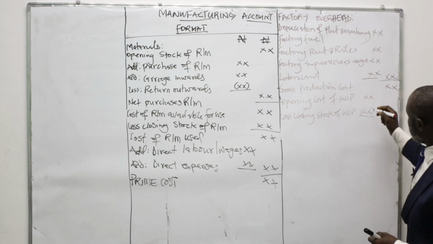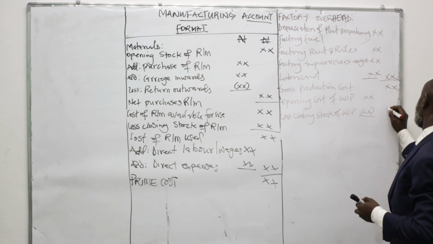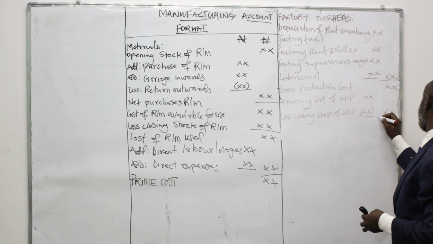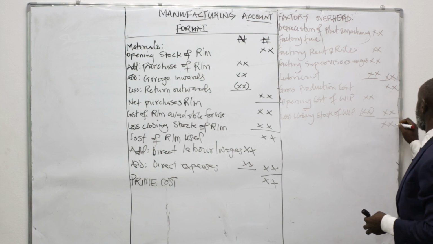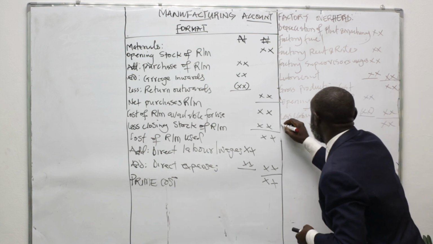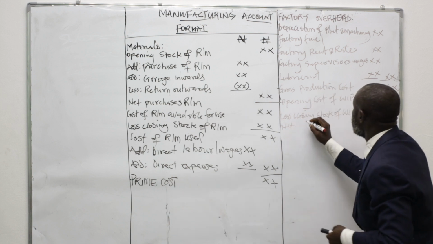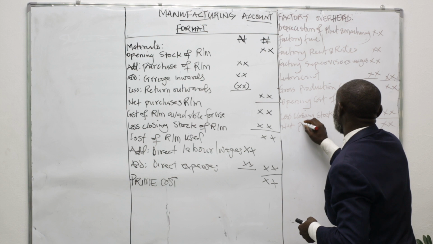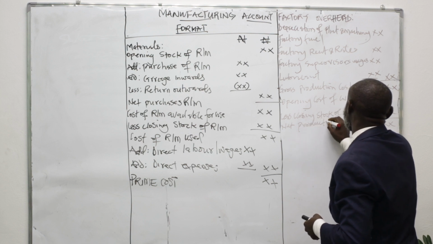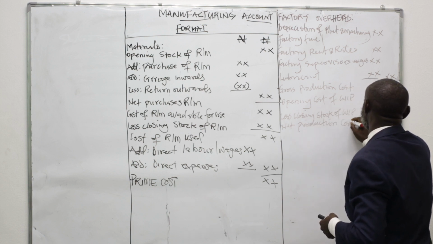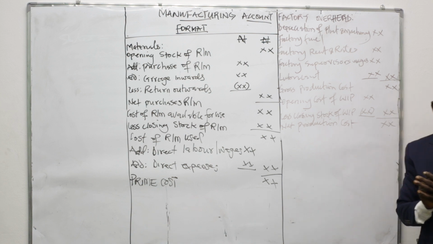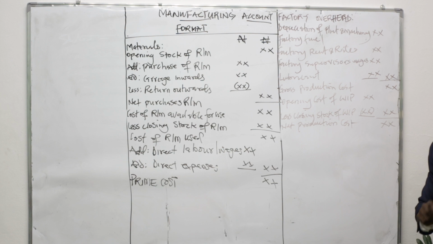When you less this, you take the net of WIP down here and then add it to your gross. You have net production costs.